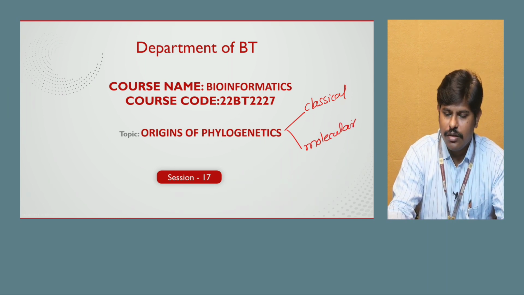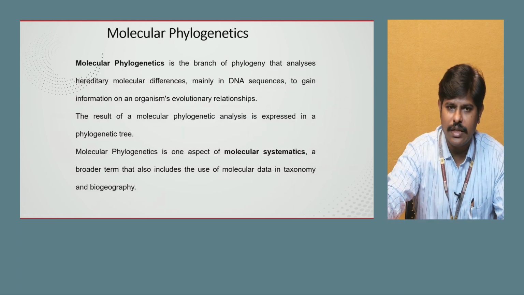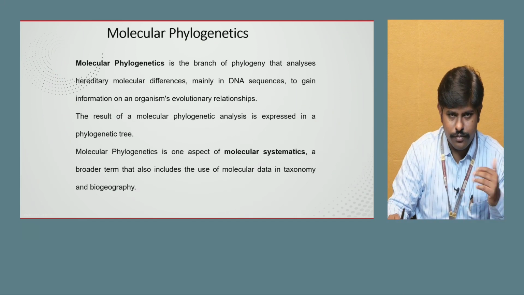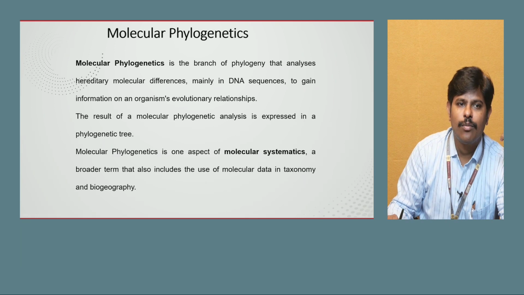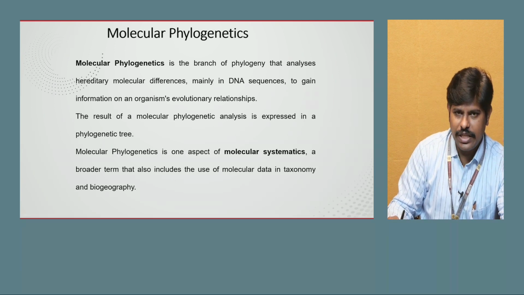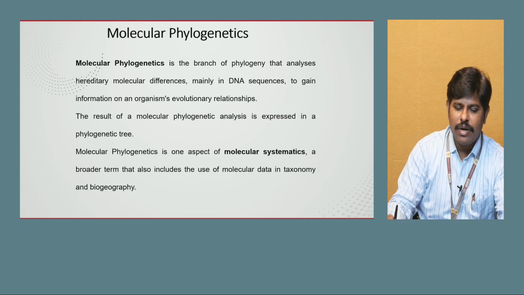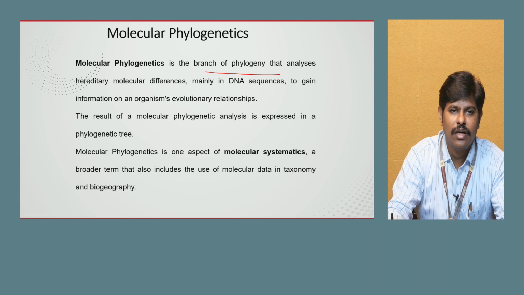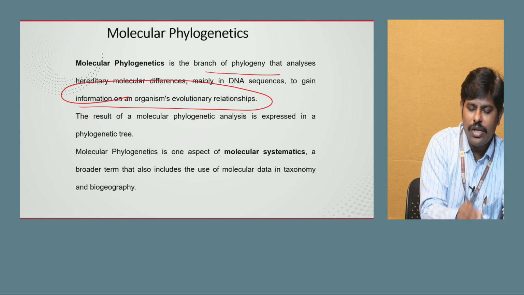Molecular phylogenetics came because we learned that DNA is the genetic material and proteins are derived from the DNA sequence information. Molecular phylogenetics is a branch of phylogeny that analyzes hereditary and molecular differences using DNA sequences to gain information on organisms' evolutionary relationships.